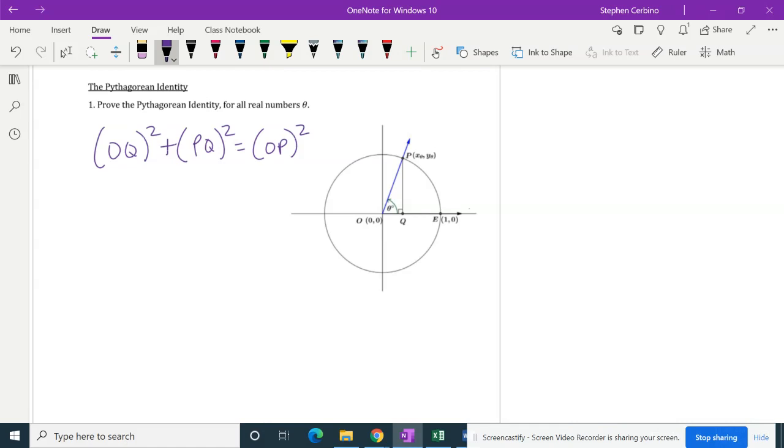However, because it's a unit circle, we know what these segment lengths are. OQ is the horizontal segment, so that would be cosine. PQ is the vertical segment, so that would be sine. And OP is the hypotenuse, which is the radius of the unit circle, which is 1.